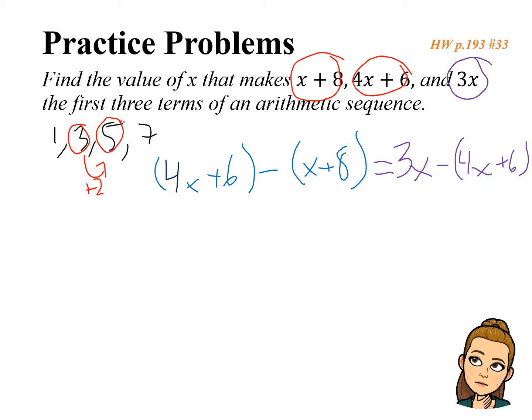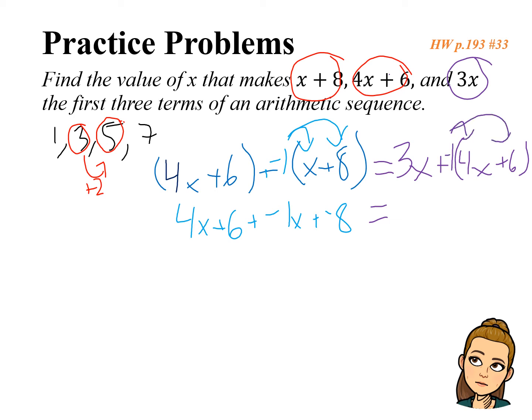Now all I need to do is simplify. When I see that minus, that's really the same thing as plus a negative 1. And I'm going to use my distributive property. 4x plus 6 stays the same. There's nothing I need to change. There's nothing outside my parentheses. Plus a negative 1 times x plus a negative 1 times 8. On the other side, I'm going to do the same thing. That minus on the outside of my parentheses is the same thing as plus a negative 1 times each of those pieces.